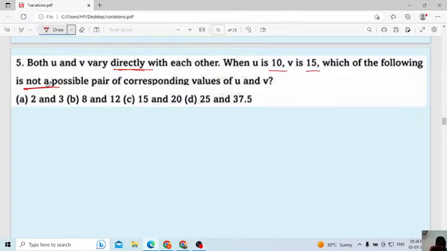Option C. Option D. Option A. Which of the following is not possible? They are asking which option is not possible. They are not asking which is possible.